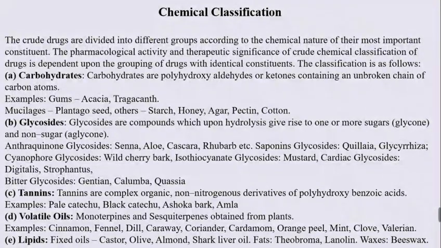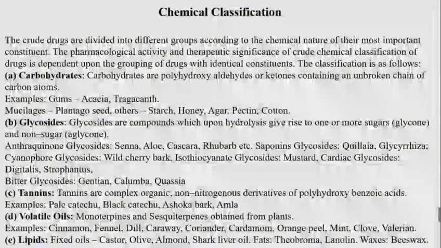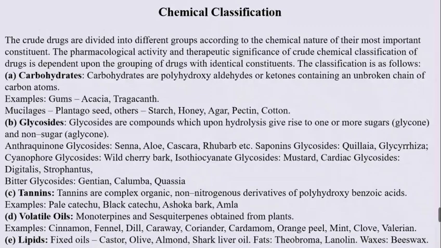Next, cardiac glycosides such as digitalis and strophanthus. And next, the bitter glycosides: gentian, calumba and quassia. Many times in competitive exams they have asked these examples, for example, senna belongs to which type of glycoside, and when we define a glycoside, which part refers to the glycone and which part refers to the aglycone, that is, sugar and non-sugar.